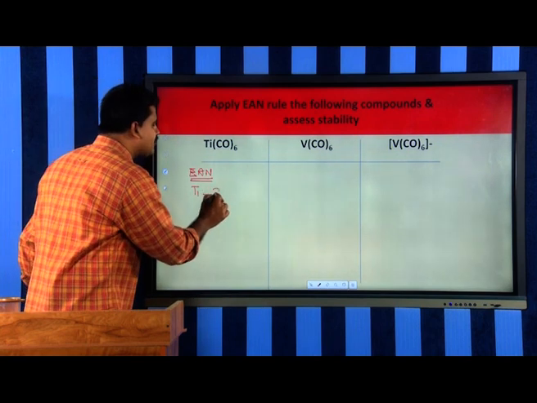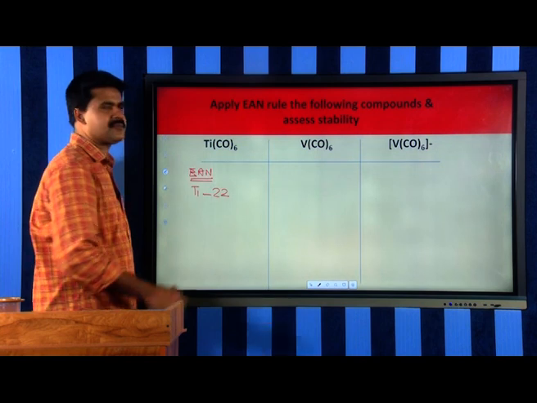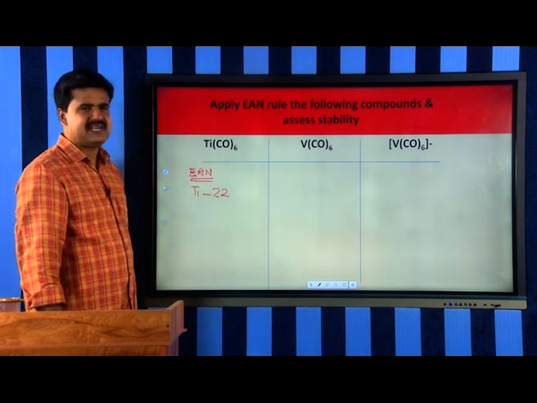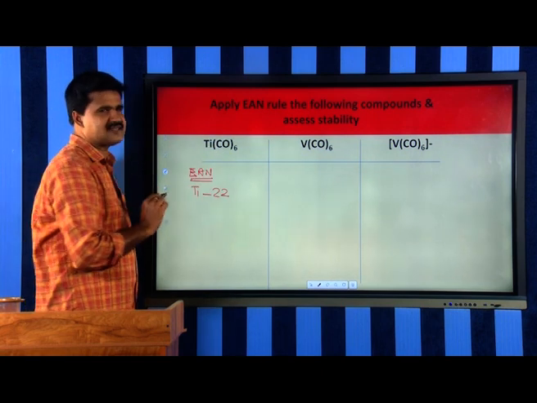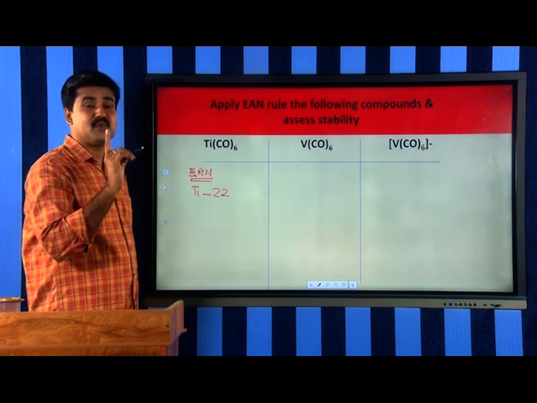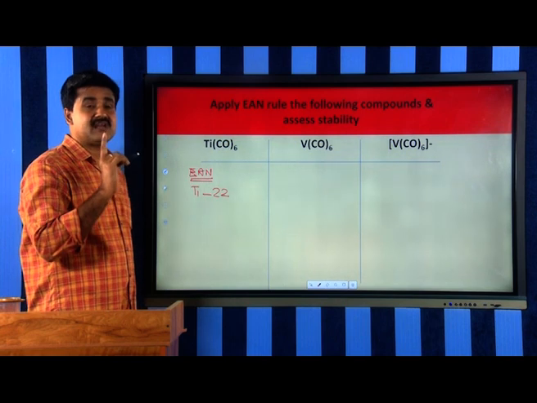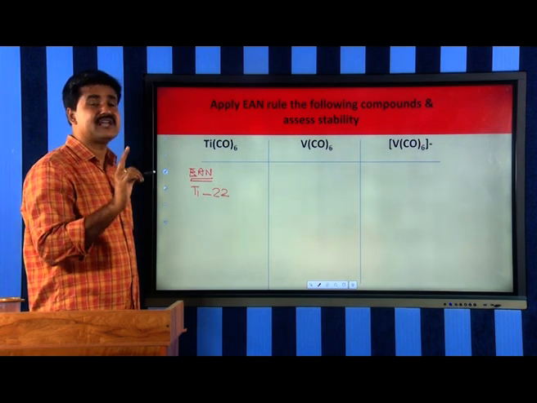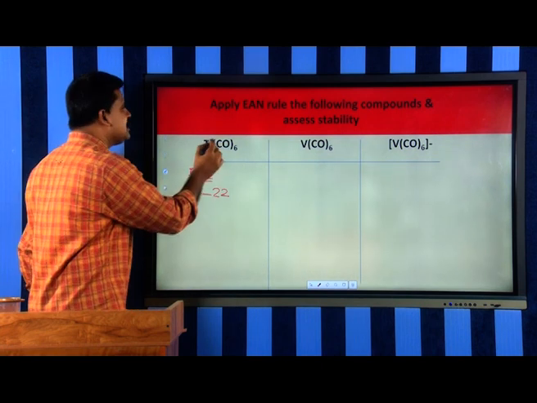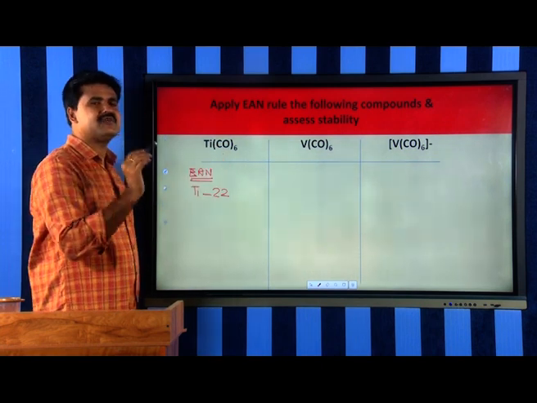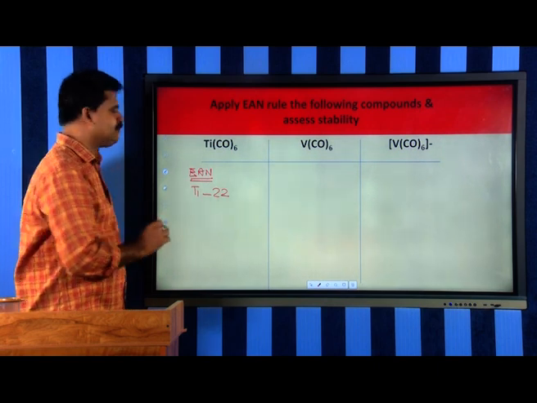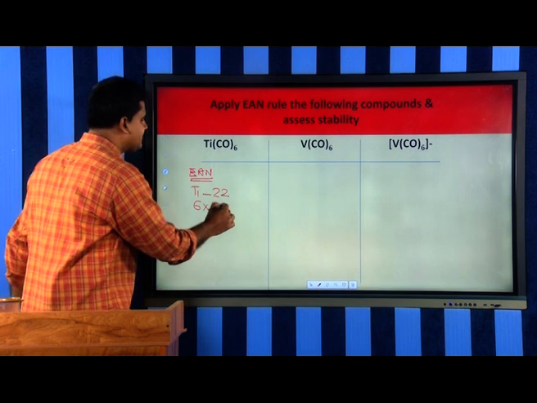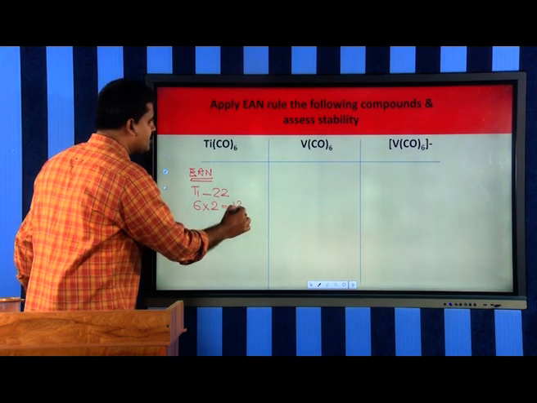Titanium has atomic number 22. Then there are 6 carbon monoxide ligands. Carbon monoxide is a monodentate ligand. It can provide 2 electrons. So each carbon monoxide donates 2 electrons. Hence, 6 into 2 electrons, that is 12.